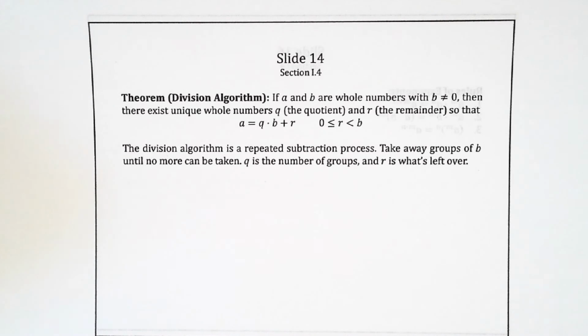So if A and B are whole numbers with B non-zero, then there exist unique whole numbers Q, called the quotient, and R, called the remainder, so that A is equal to Q times B plus R, where 0 is less than or equal to R is less than B. So we take away groups of B until no more can be taken. Q is the number of groups, and R is what's left over.